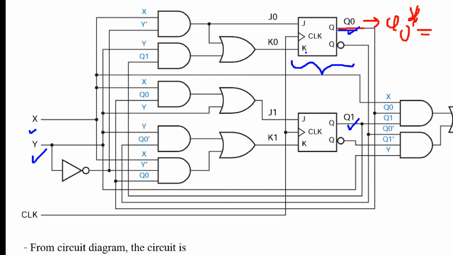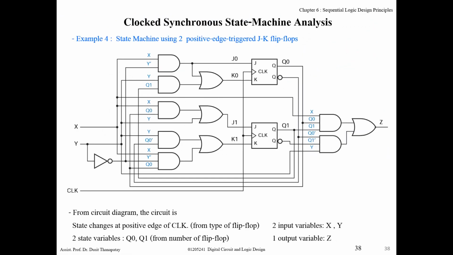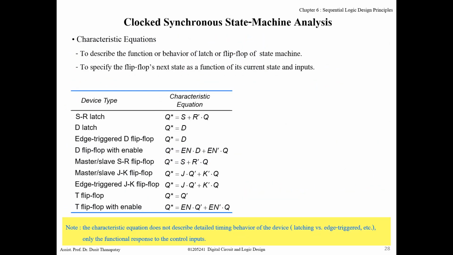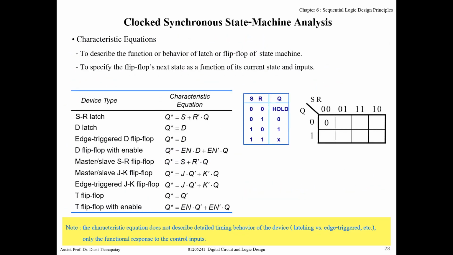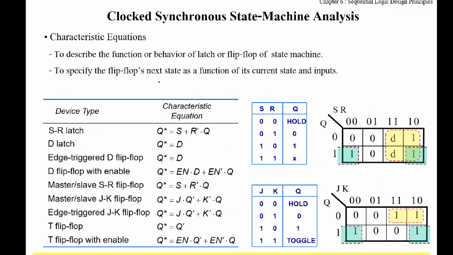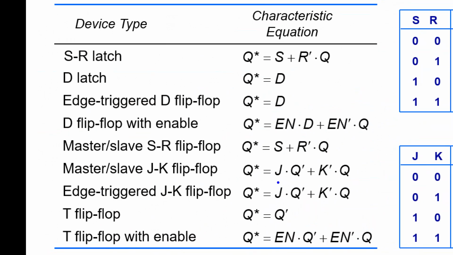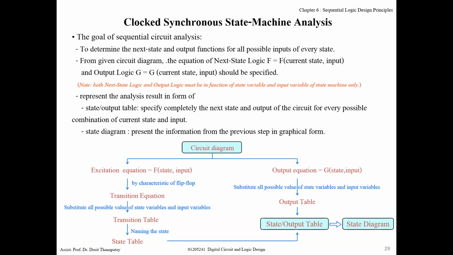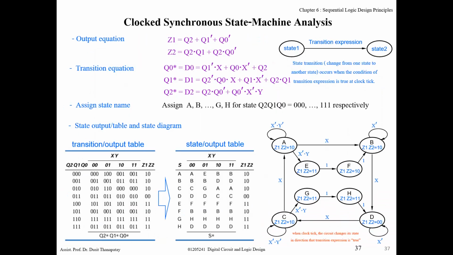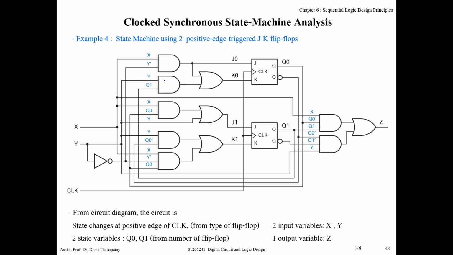Do you remember this from your previous lecture on the JK flip-flop? You know that Q star equals J Q prime plus K prime Q. So you can use this relation.